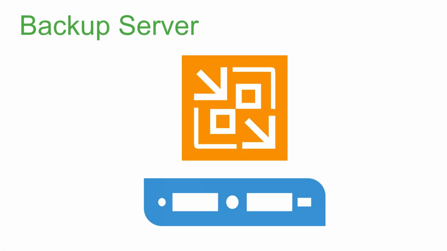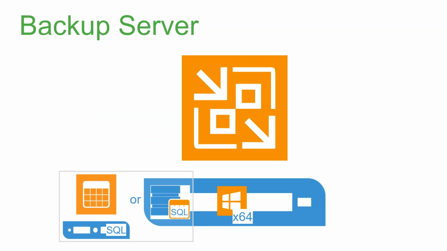We use this icon to show our backup servers. Now, a couple of things about it. It is on a 64-bit Windows system. It stores some data in a Microsoft SQL database. Now, we do include SQL Express with Veeam Backup and Replication, and this can be used for smaller environments.